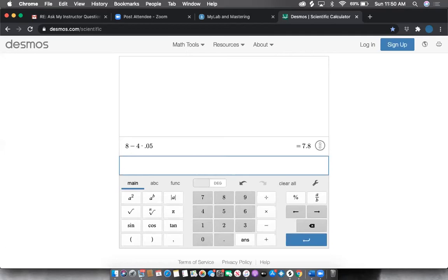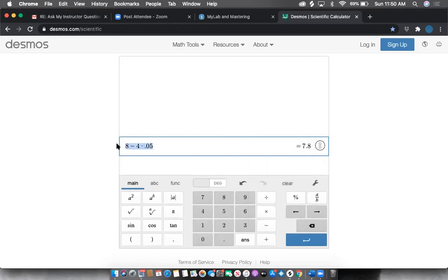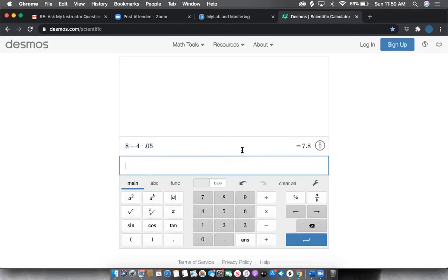Now copy that, press Control C or Command C, go to the next line below it, and press Control V or Command V. There you go. Now just change the subtraction to plus.